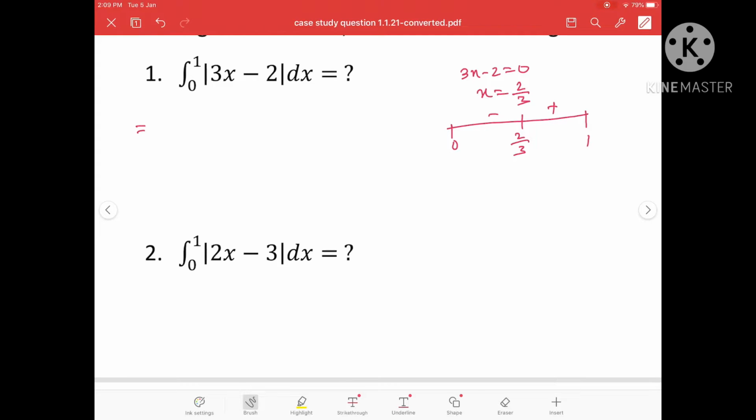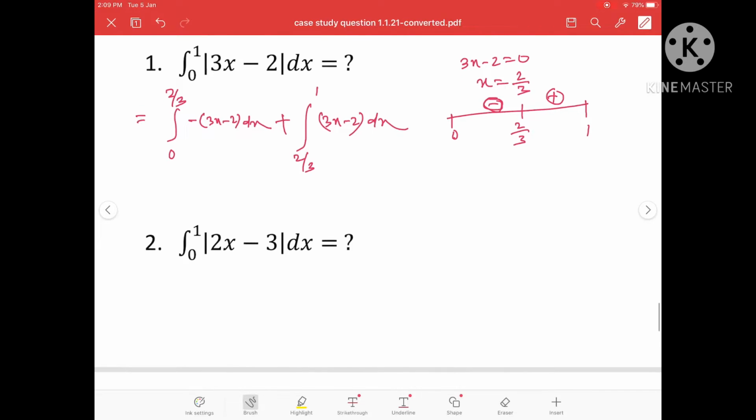That means this integration can be written as 0 to 2 by 3 of minus (3x minus 2) dx. See, modulus of 3x minus 2 will be negative from 0 to 2 by 3 and will be positive from 2 by 3 to 1. So plus 2 by 3 to 1 of (3x minus 2) dx.